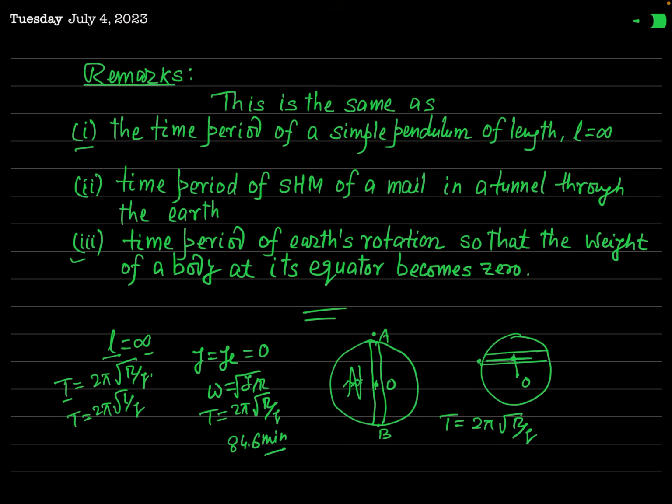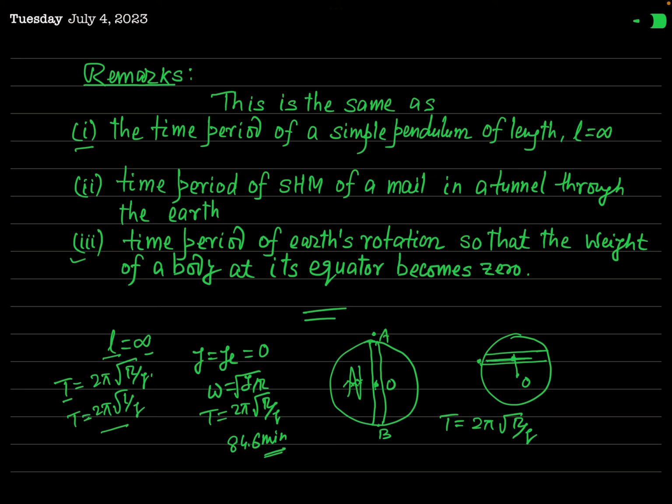The first situation we have discussed here: there is a satellite revolving very close to the surface of the earth in a circular orbit. The time period of such a satellite is 84.6 minutes. In another example, you have seen that if there is a simple pendulum whose length is infinity, the time period of such a simple pendulum is also 84.6 minutes. The time period of the simple harmonic motion of a particle or a body through a tunnel in the earth is also 84.6 minutes.